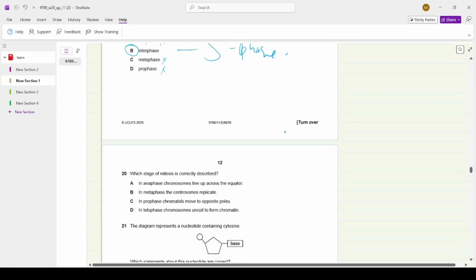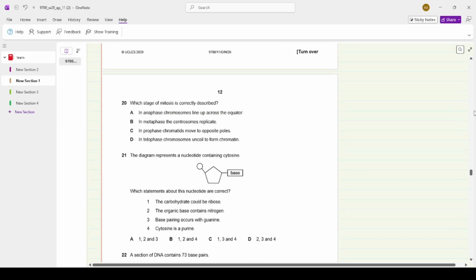Okay, moving to number 20. The question was, which stage of mitosis is correctly described? In anaphase, chromosomes line up across the equator. No, this is metaphase. In metaphase, the centrosomes replicate. No, this happens in the earlier stages, such as prophase. In prophase, chromatids move to the opposite poles.